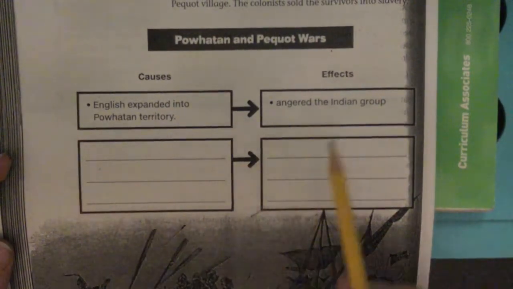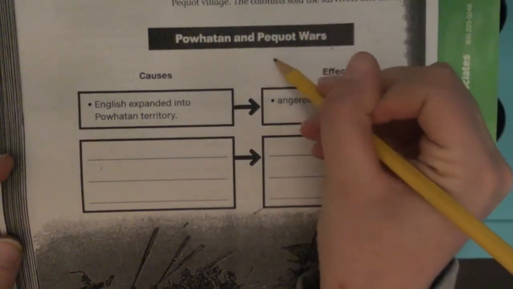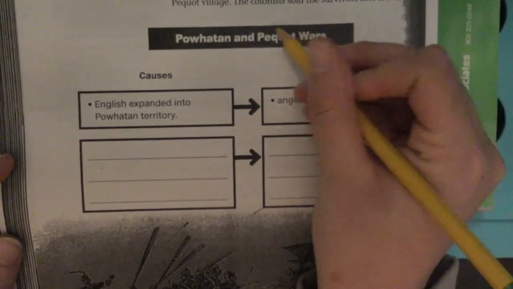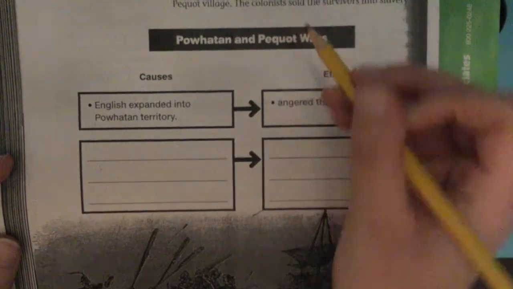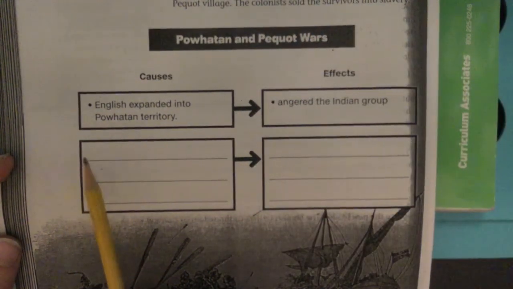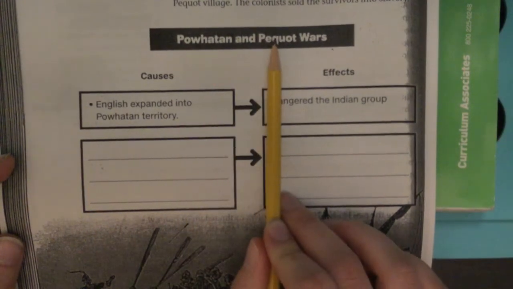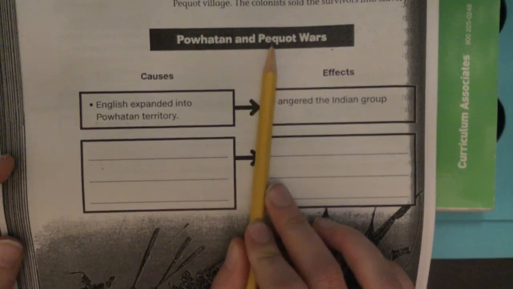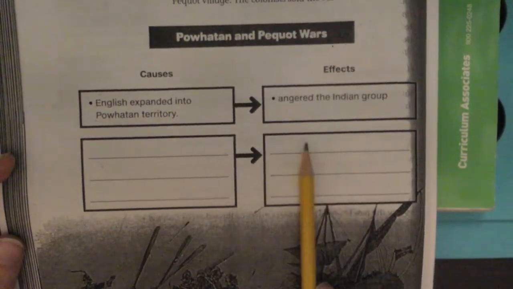They had the retaliation or they did something else. It is going to deal with this one right here. So look into these details. Your cause should be something that either they did or the colonists did during this time. And then what was the effect of that, the second group that should be listed.